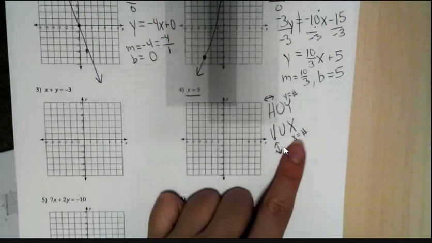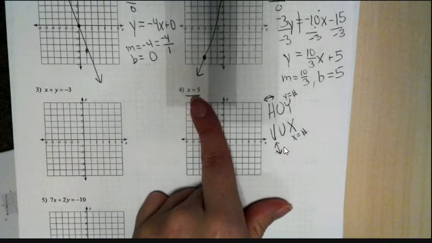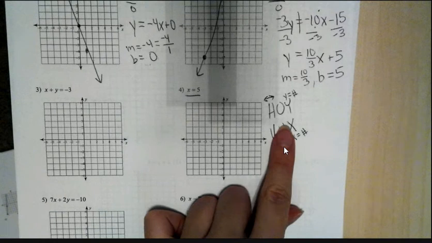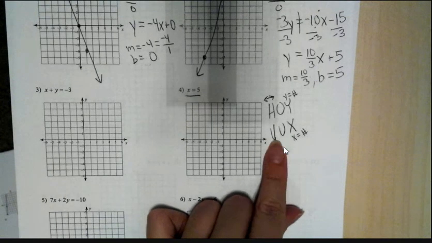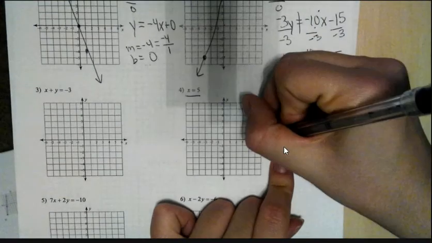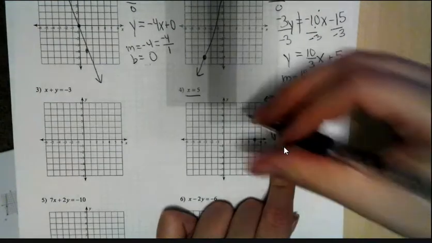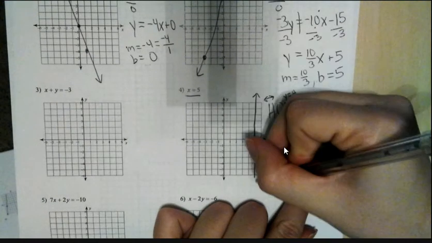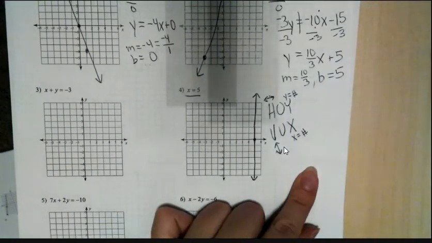So look, I have x equaling a number right here. X equals 5. That tells me my slope is going to be undefined and a vertical line. So I'm going to start where x is 5, and I'm just going to make a vertical line. Because if x equals something, that is an undefined slope.